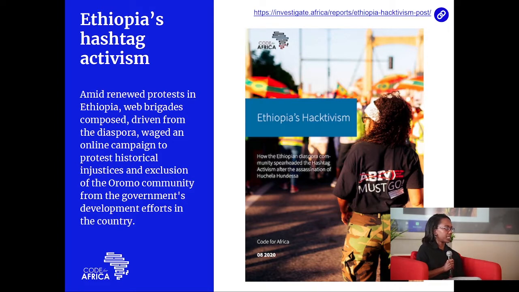So there were protests following the assassination of Hachalu Hundessa, a prominent musician in the country. And that's when this hashtag called Oromo Protests, which has been used numerous times over the years, was used to draw attention to these and to other activities that were happening in the country at the time. One technique that was used, especially by the diaspora community, was pre-drafted tweets.